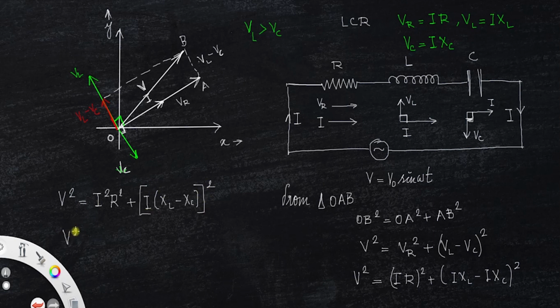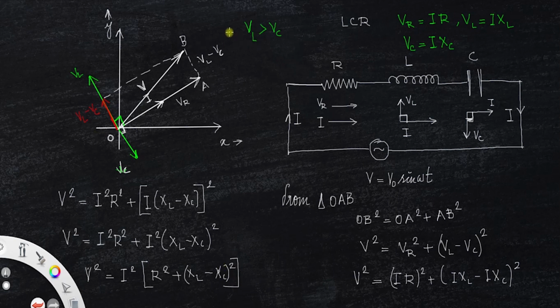So V square is equal to I square R square plus I square into XL minus XC whole square. Here the I square is common. So V square is equal to I square into R square plus XL minus XC whole square.